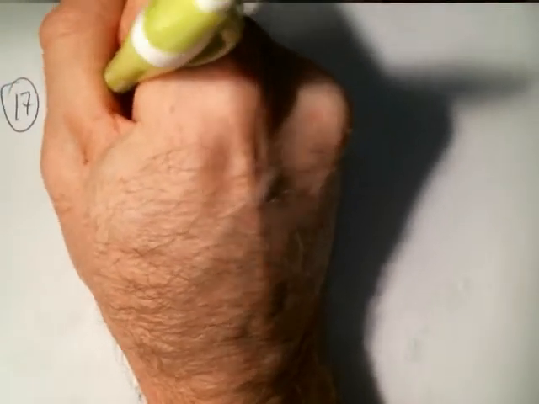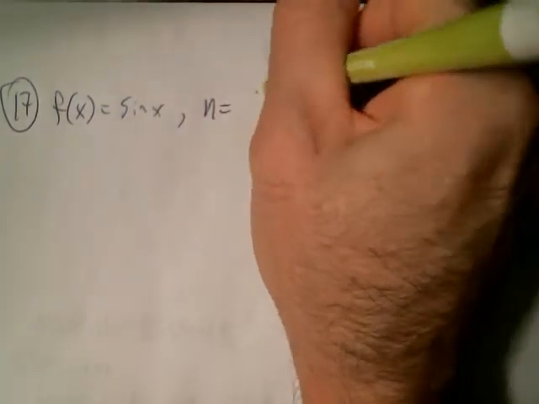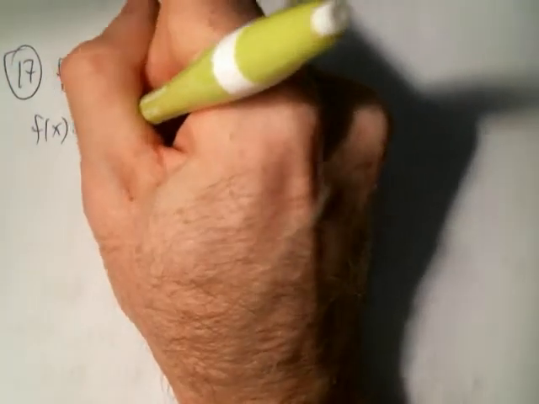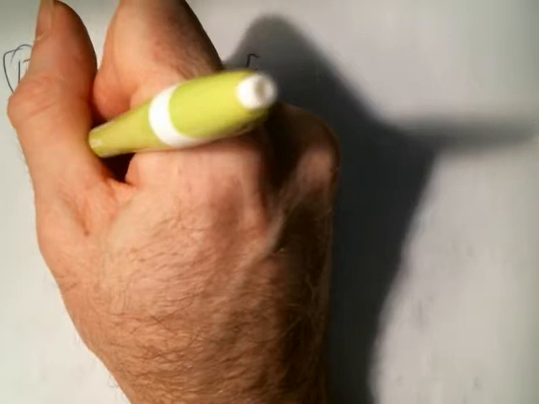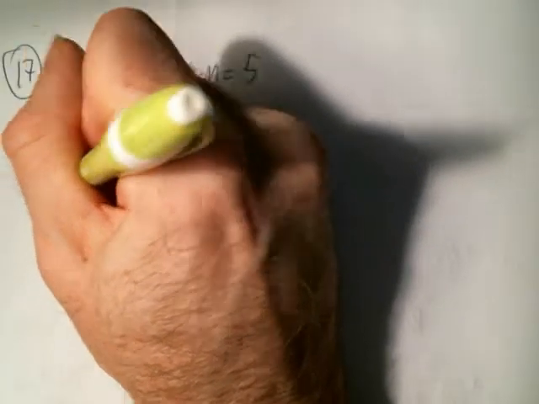We have f of x equals sine of x, and we want n to equal 5, so a fifth degree polynomial for sine x. In order to do that, I need to find the first 5 derivatives of sine x and then evaluate them.